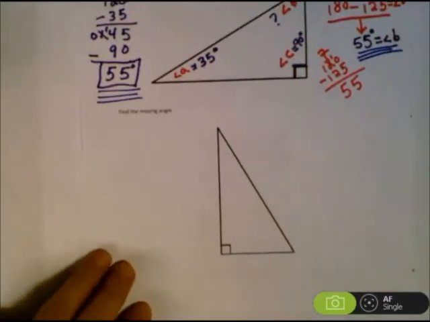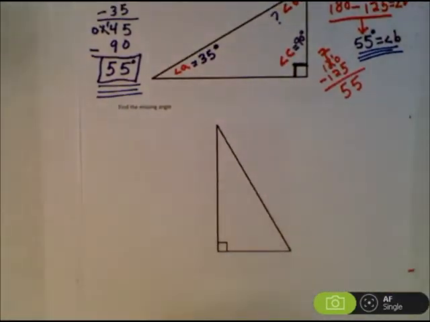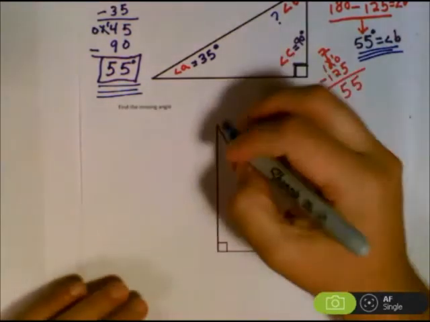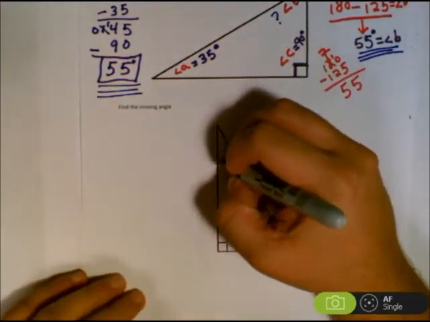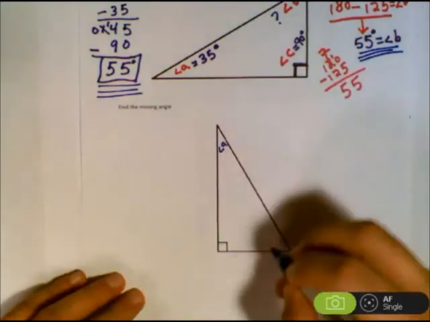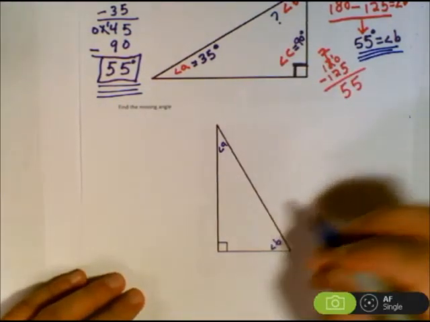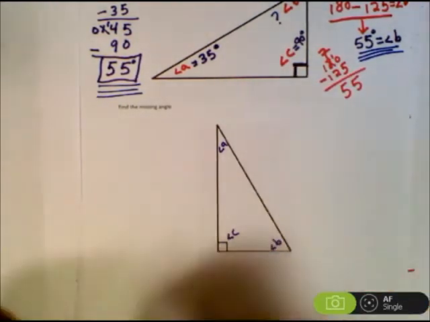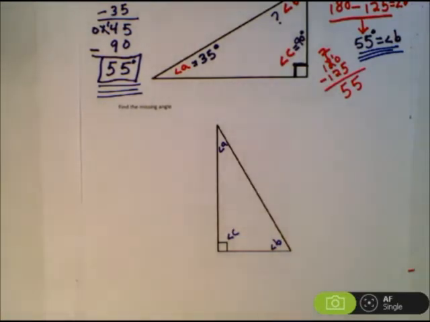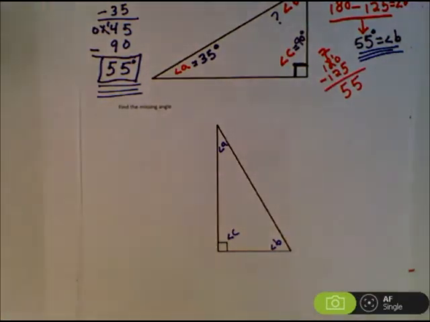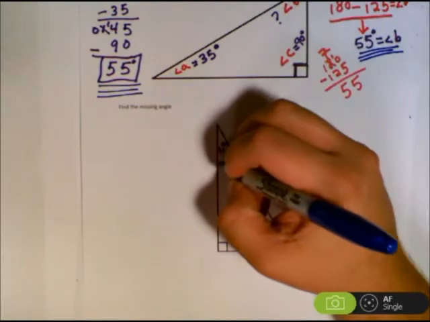For the last example, let's go ahead and name our angles real quick. Let's name this one angle A, this one angle B, and this one angle C. And let's say that angle A is 20 degrees.